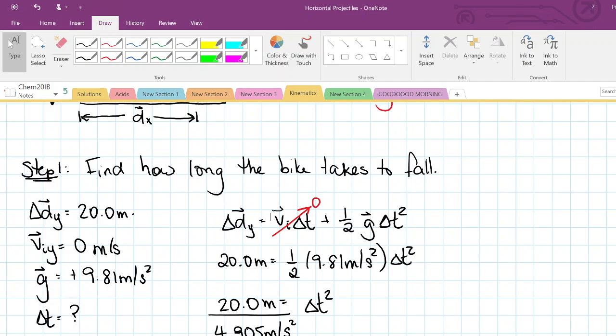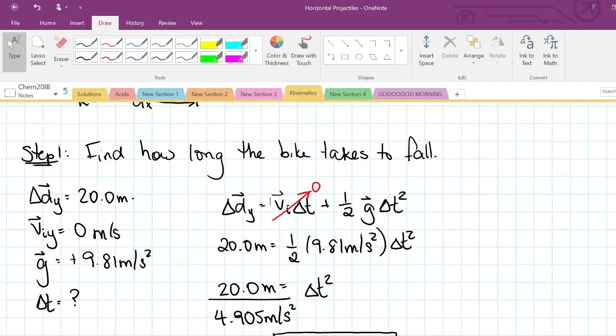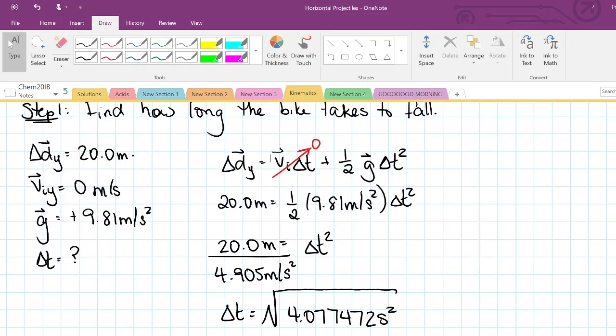I'm going to divide this whole term over to the other side, so I get 20 divided by 4.905 meters per second squared. And then to isolate for time, I'll take the square root. And I get 2.0192751 seconds. So at this point, I'm not going to round anything because I'm still not at my final answer.